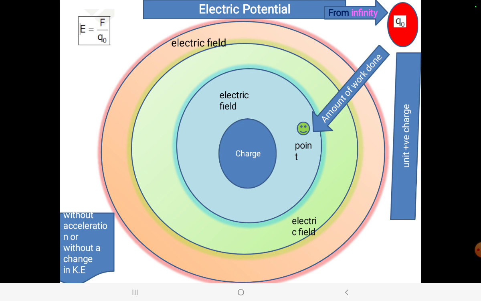Why? Because for example, this q naught may be a positive charge, and this charge is also a positive charge. So I have to do some work against the repulsion force acting because of this bigger Q, right? That means I have to do some more work. So how much work I used can be represented as electrical potential.